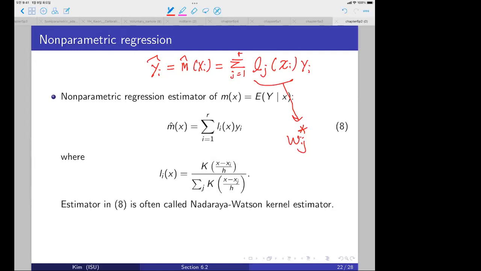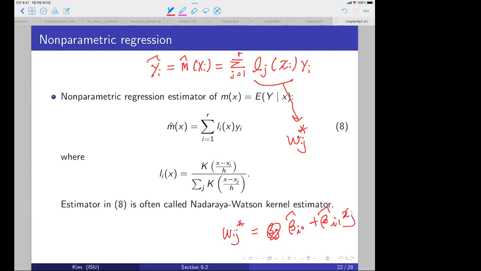This is basically how much you want to weight. In the linear regression we use the weight in a linear form, something like beta hat i0 plus beta hat i1 x_j.